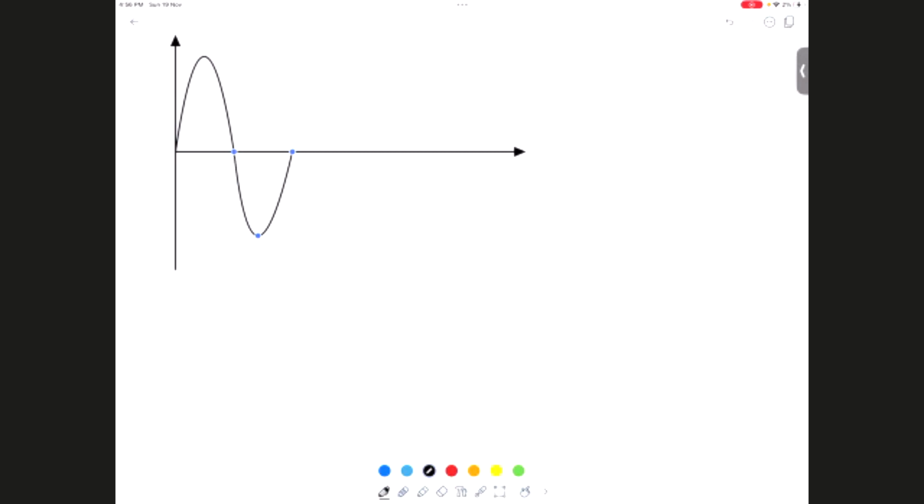This is one complete oscillation, a single wave, right? So I'll put this here and that. So now I have two waves. Question for you: can somebody tell me in this particular diagram what is the amplitude? How do I label the amplitude in this diagram? Right, what was it?